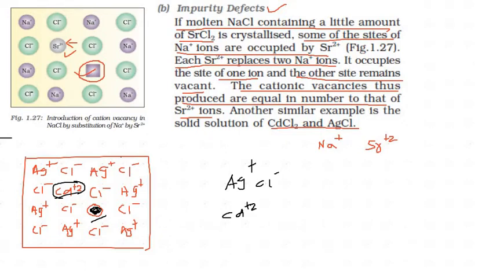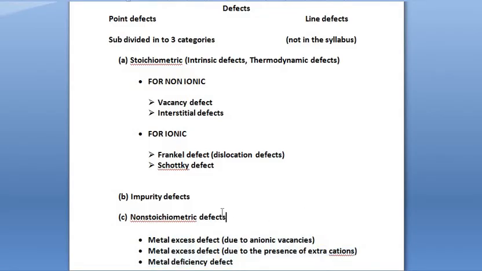Now we shall move to the next category, that is non-stoichiometric defects. What is a non-stoichiometric defect? A stoichiometric defect is one that maintains the overall stoichiometry of the crystal, but when it comes to non-stoichiometry, the overall stoichiometry is not maintained.